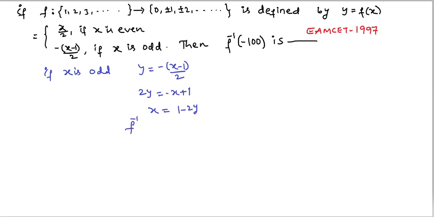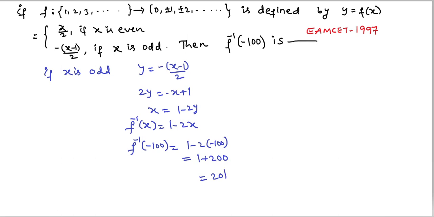Therefore, f inverse of x is equal to 1 minus 2x. Now we find the value of f inverse of minus 100, that is equal to 1 minus 2 into minus 100, equal to 1 plus 200. Therefore, the value of f inverse of minus 100 is 201.